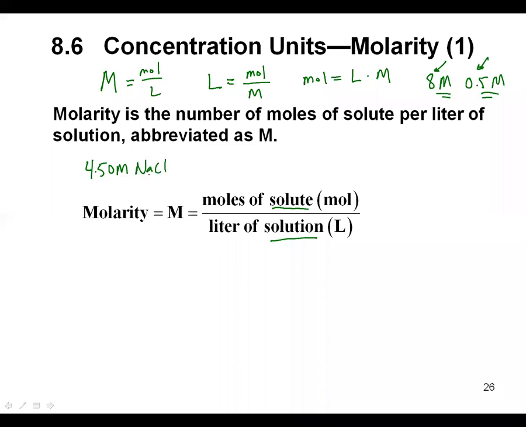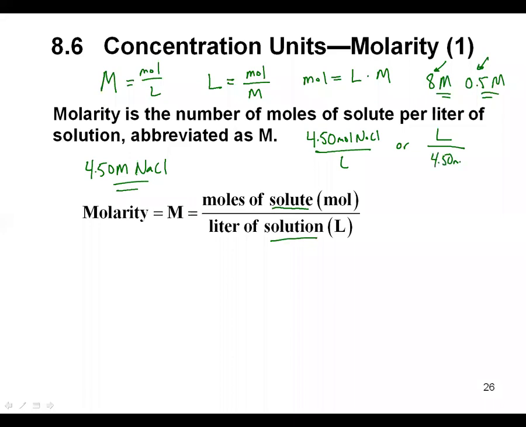when you would want to use that in an actual calculation, you would probably want to convert it into more usable units. That would be the same as saying you have 4.5 moles of sodium chloride in a liter of solution. Or you could use it like a conversion factor: per 1 liter of solution, there are 4.5 moles of sodium chloride.